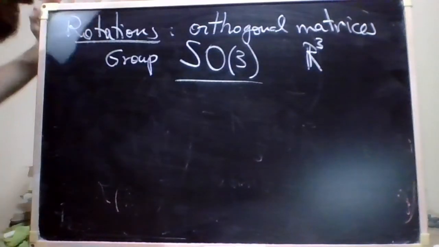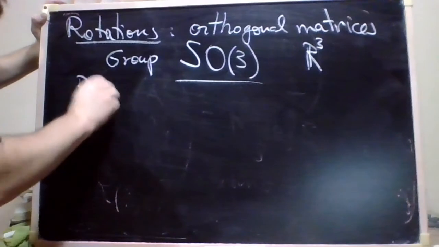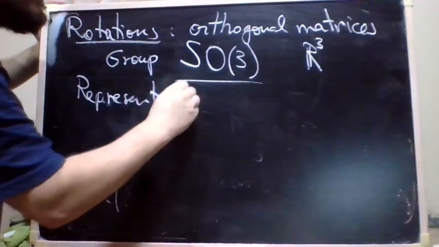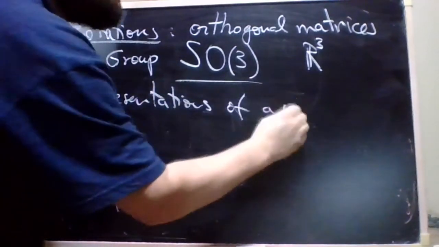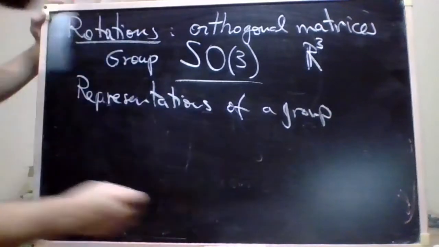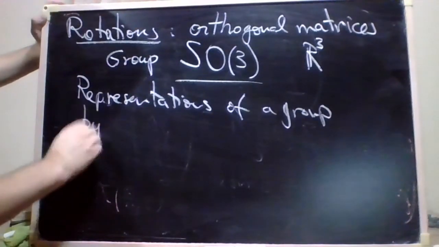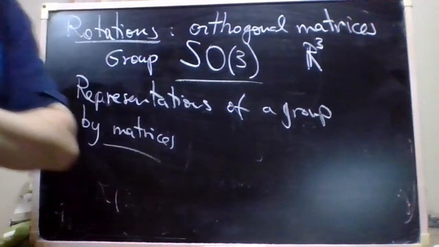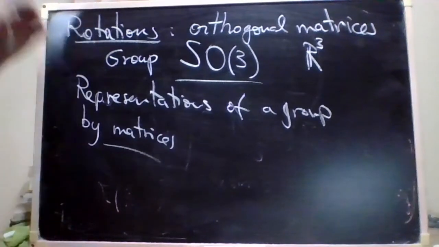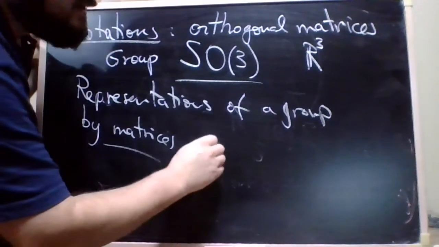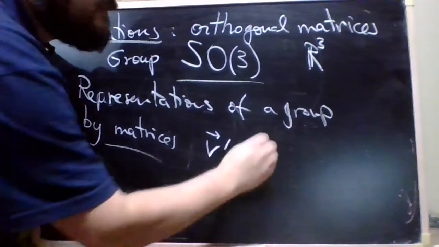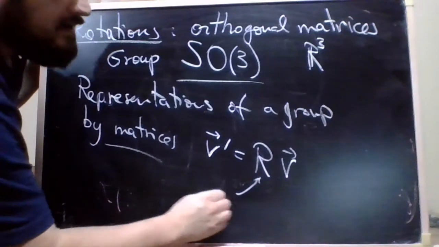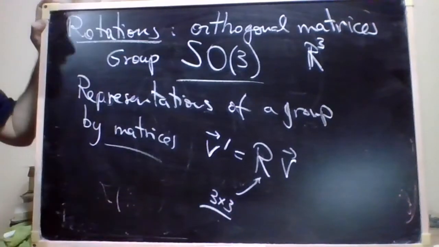But there are representations of a group. Representations of a group are always possible by matrices. So the easiest way is to operate directly on the object. So you have the vector v prime is equal to a rotation matrix times V, and this matrix here is a 3 by 3 matrix.